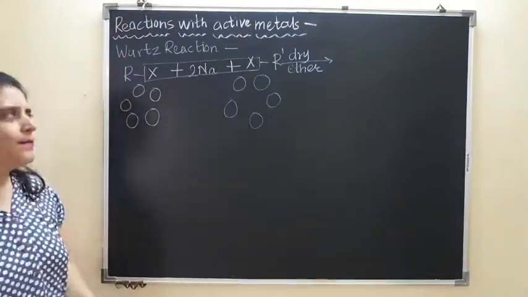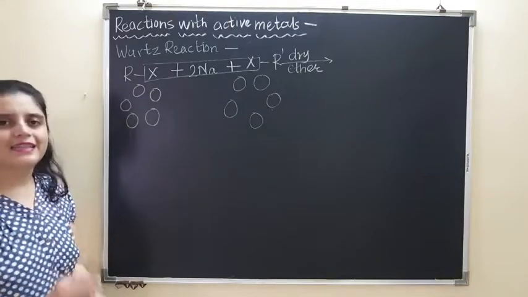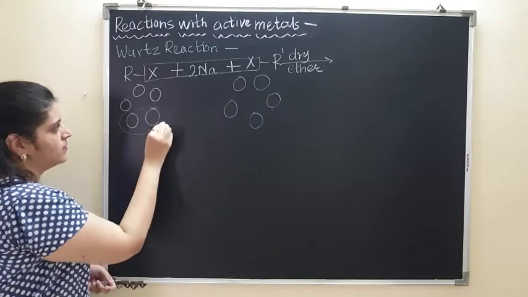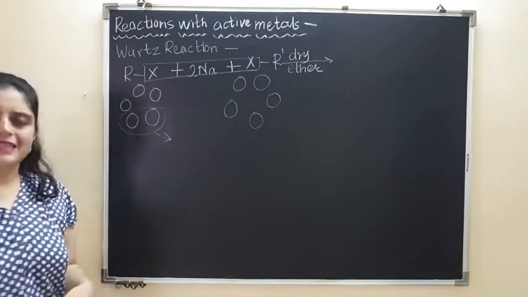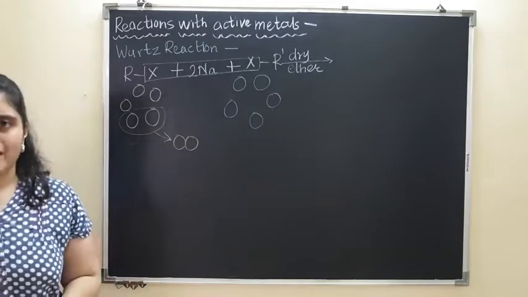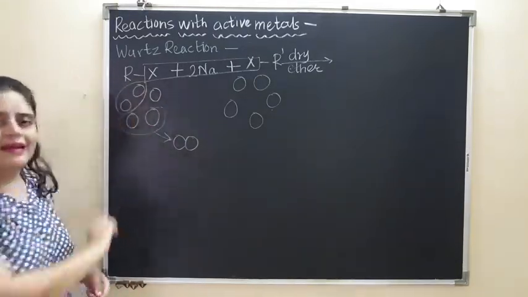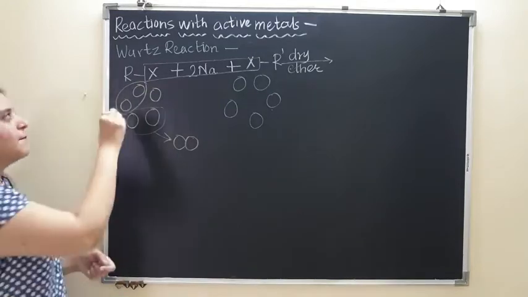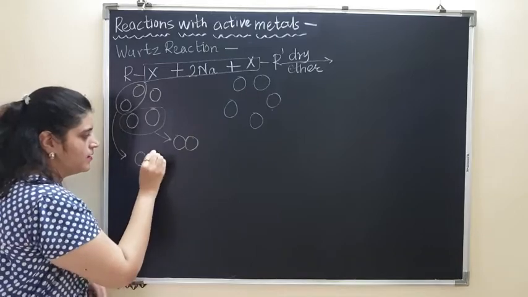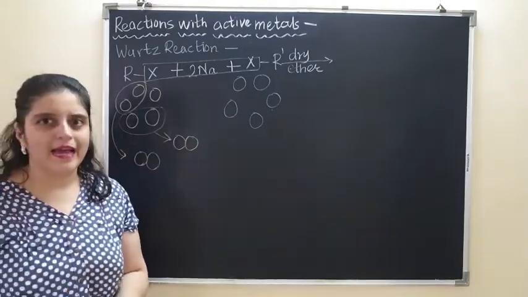So ऐसा possible है कि ये जो first alkyl group है वो खुद के साथ combine करेगा. वो खुद के साथ combine करके ऐसा एक प्रोडक्ट बनाएगा. ऐसा सोचते हैं कि ये भी खुद के साथ कंबाइन करके ज्वाइन होके प्रोडक्ट बन गया.